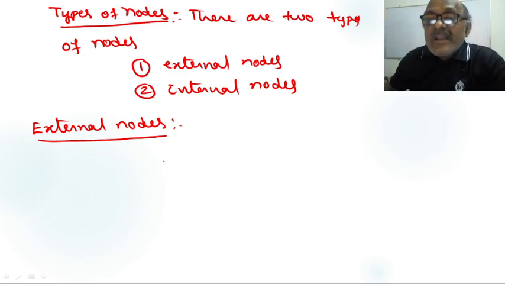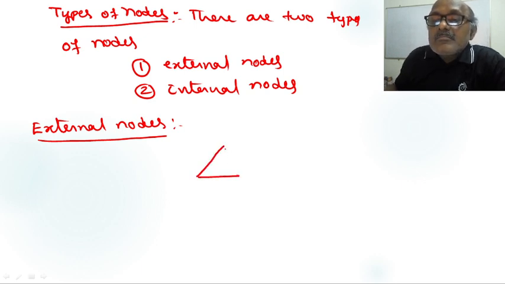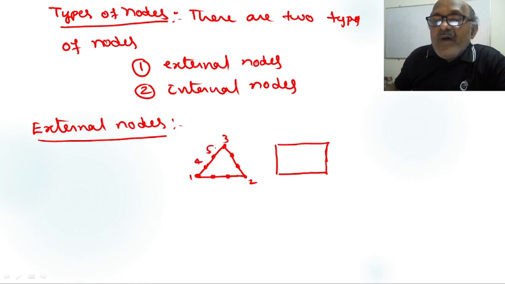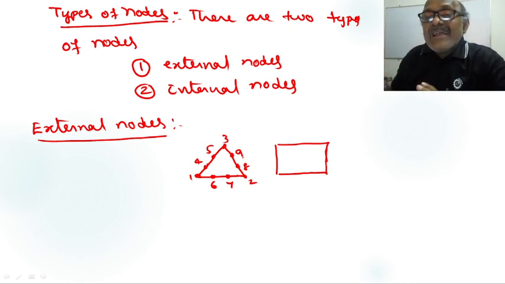For example, consider a triangular element and another, a rectangular element. Here are nodes 1, 2, 3, 4, 5, 6, 7, 8, 9. These nodes are present over the boundary surface of the element, and they are called external nodes, my dear students.